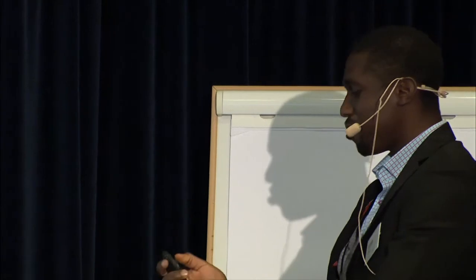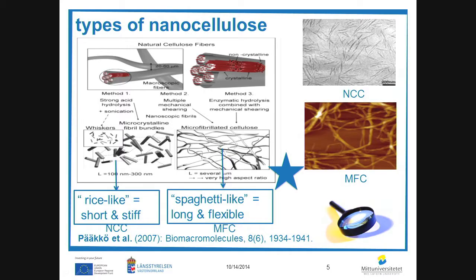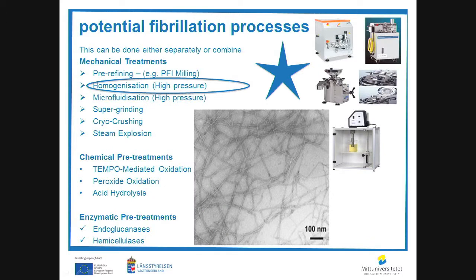And we are going to deal mostly with this spaghetti-like type. We could see the images there from the NCC, which is nanocrystalline cellulose, and the MFC. These are very different kinds of mechanical treatment methods that we can use to produce this material.